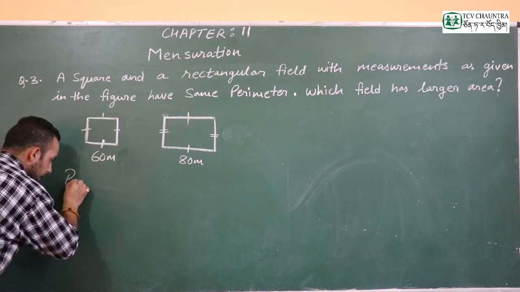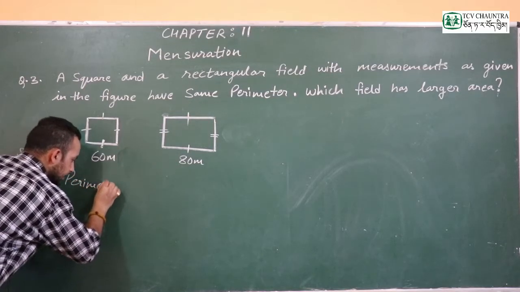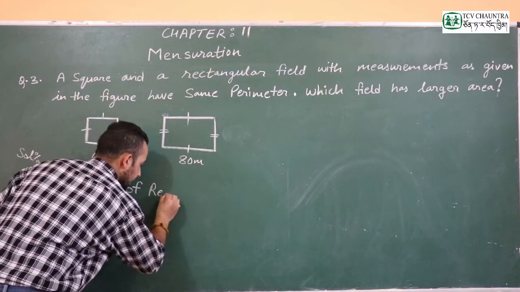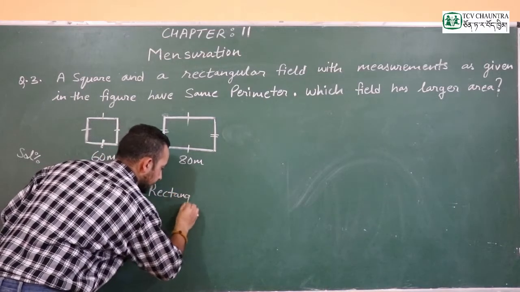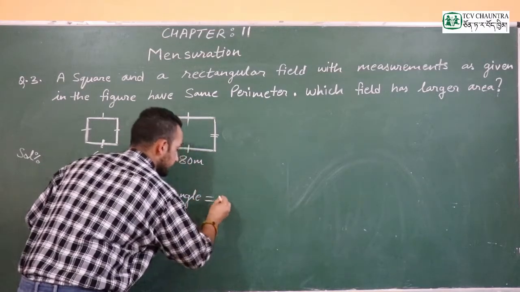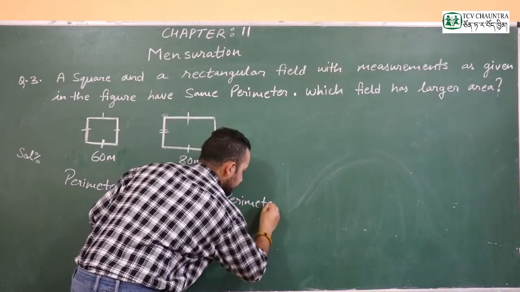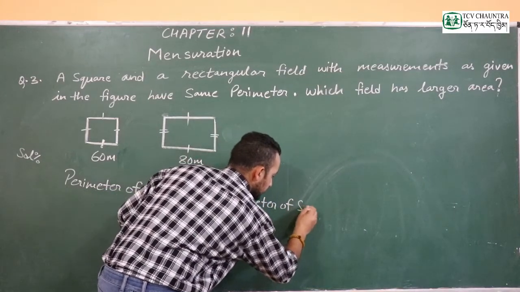So what you will say, your question says that perimeter of rectangle is equal to perimeter of square.